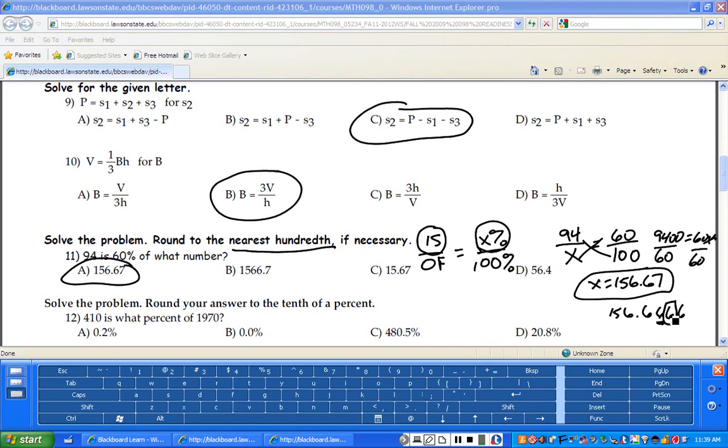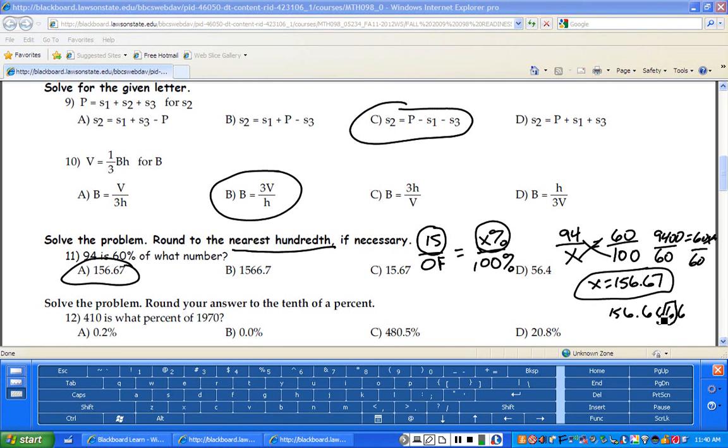If that number is between 0 and 4, then this 6 stays the same. But because this number we circled is greater than 4, a 5 to a 9, this 6 rounds up to a 7. That's why we have 0.67.